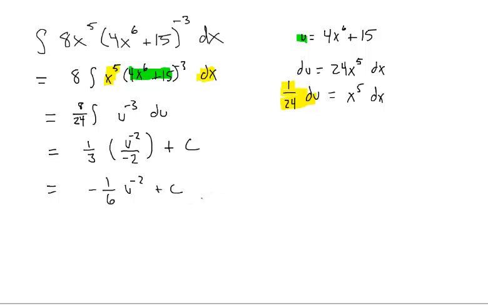And now we need to put our u back in our x variable. So we're going to resubstitute, and we're going to have negative 1 divided by 6 times (4x to the sixth plus 15) squared, plus c.